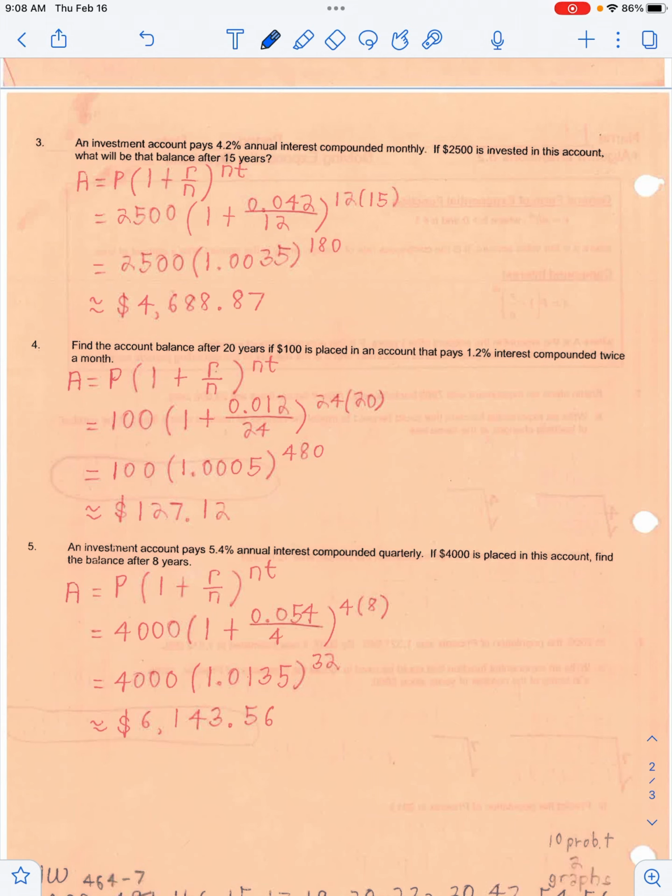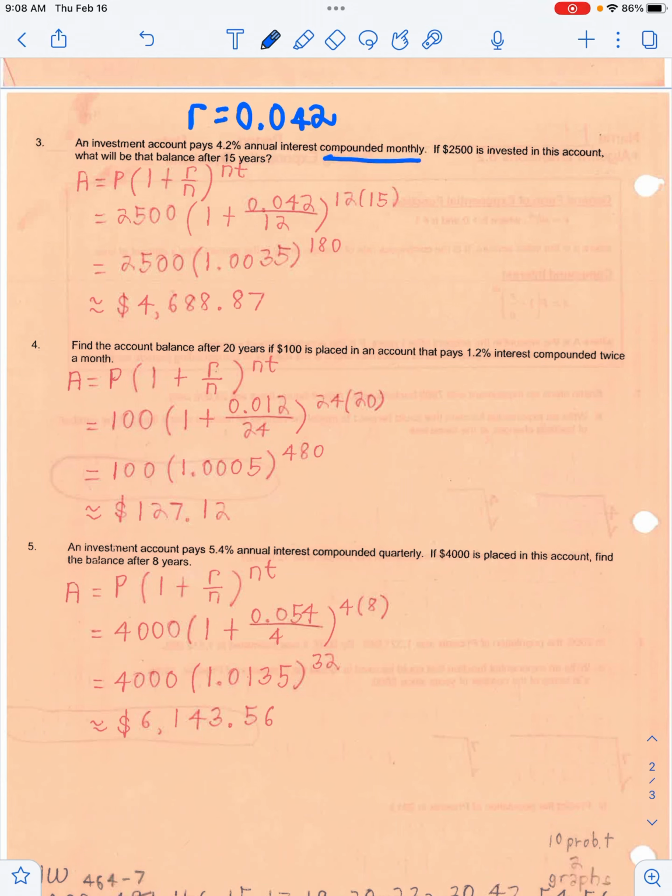So what we have to understand is the 4.2% is your interest rate. When we use it in the formula, we have to use it in its decimal form. So that would be 0.042. You just divide 4.2 by 100. That's what percent means.